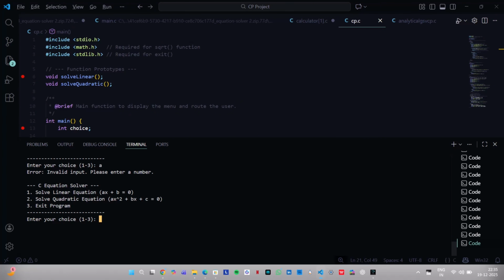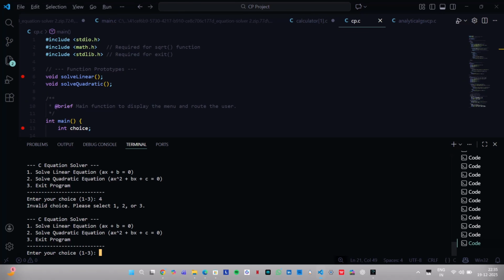If we write 4 instead of 3 and enter, we see invalid choice, please select 1, 2 or 3. So it's an errorless program from my side.